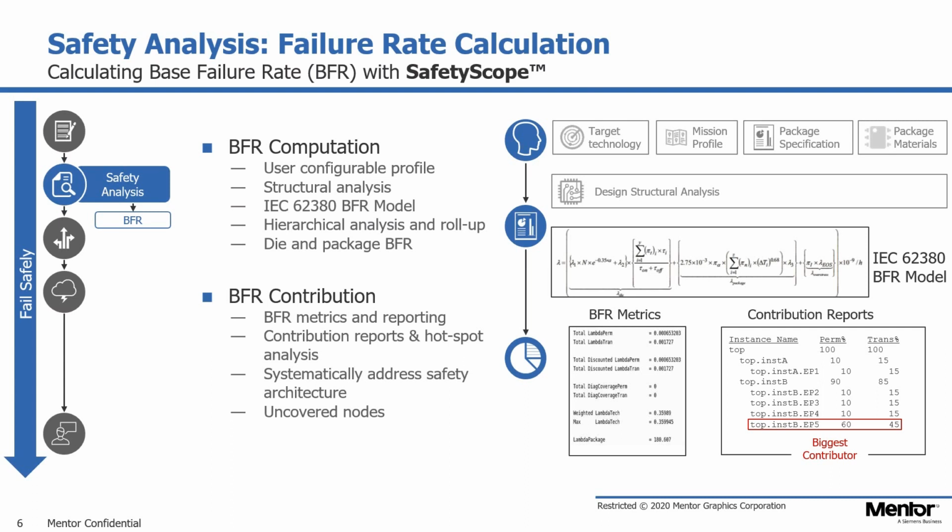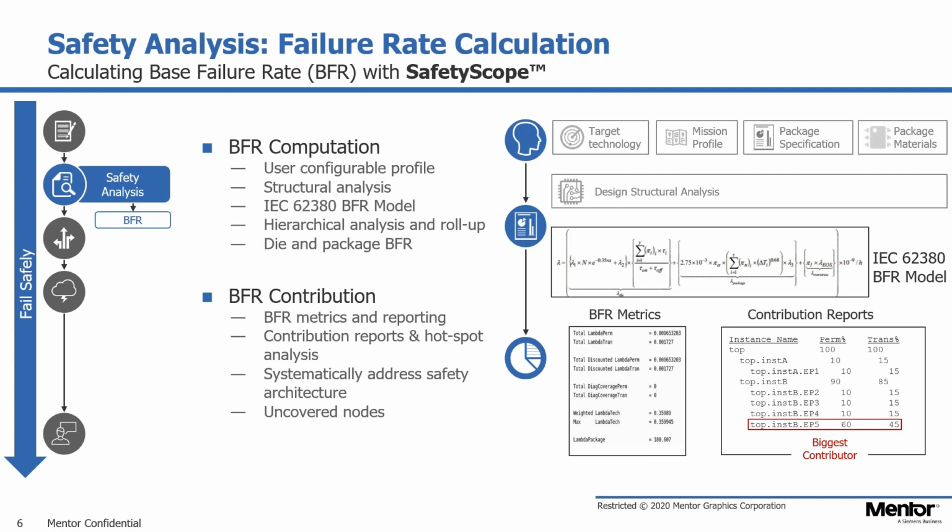However, the output of the tool may be of more interest for the audience, because as listed over here, this is the output of SafetyScope. Base failure rate metrics: you see lambda permanent, lambda for transient faults. Then discounted, meaning whenever, say, diagnostic coverage comes into place. However, as is visible, this design currently doesn't have any safety mechanism in place. The diagnostic coverage is 0.